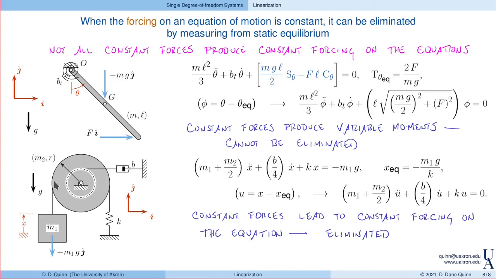Constant forces that produce constant moments, we can neglect them by measuring from static equilibrium. But if the constant force produces a non-constant moment, as in this example, then we need to include gravity in the modeling. You know, for me, my silly question is, if I moved this system to outer space, where there was no gravity, would it behave the same as it does here where there is gravity? That's just kind of a way of checking yourself.